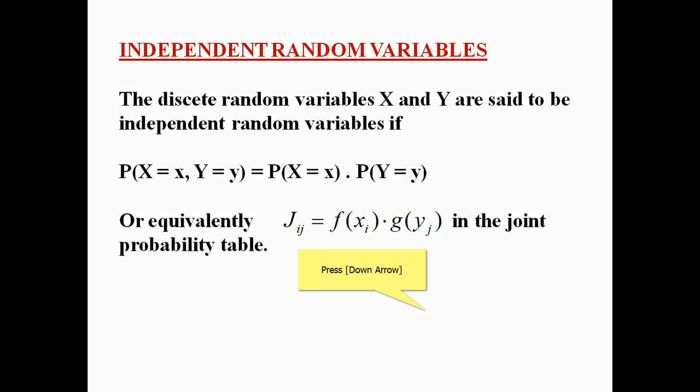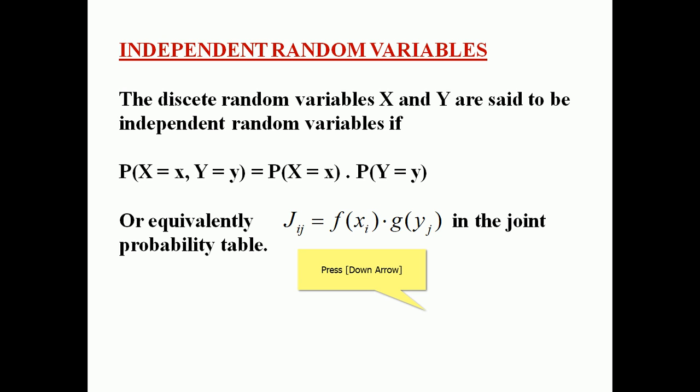Now suppose that two discrete random variables x and y are said to be independent random variables if jij is equal to f of xi into g of yj, or the probability that x takes the value xi and y takes the value yj, or simply P of x taking the value x and y taking the value y, is equal to the probability that x takes the value x into the probability that y takes the value y.